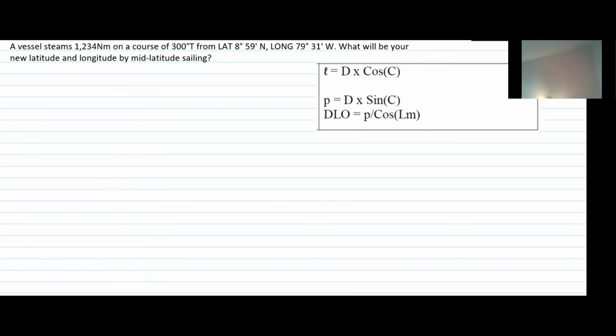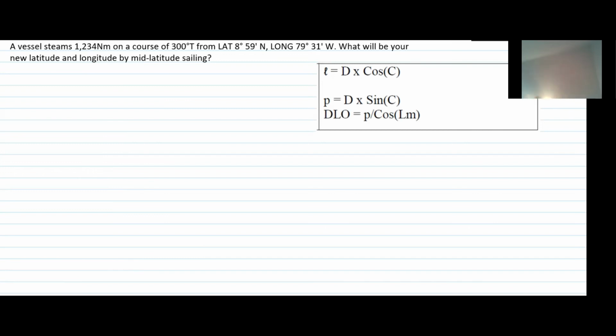A vessel steams 1,234 nautical miles on a course of 300 degrees true from latitude 8 degrees 59 minutes north, longitude 79 degrees 31 minutes west. What will be your new latitude and longitude by middle latitude sailing?